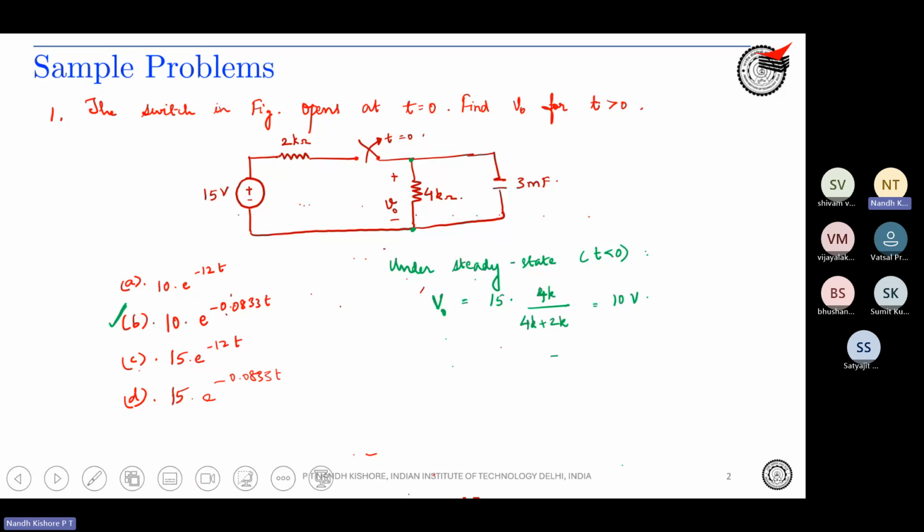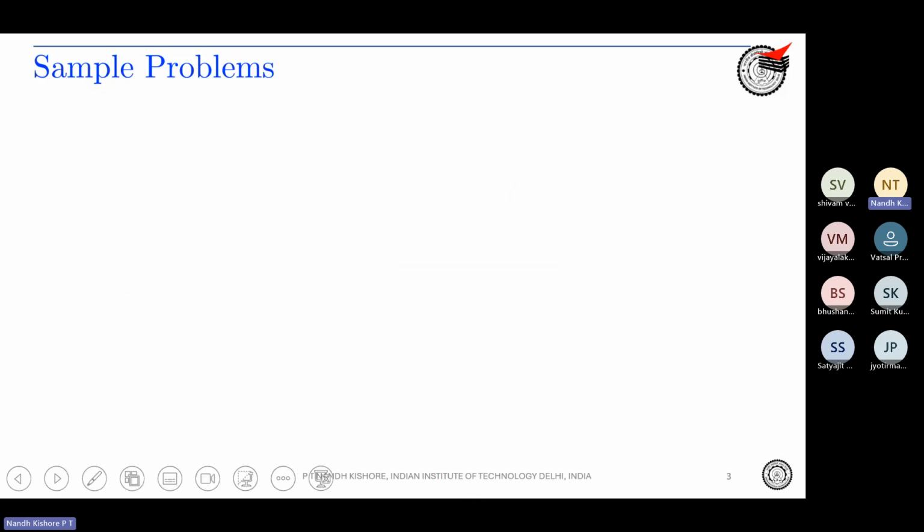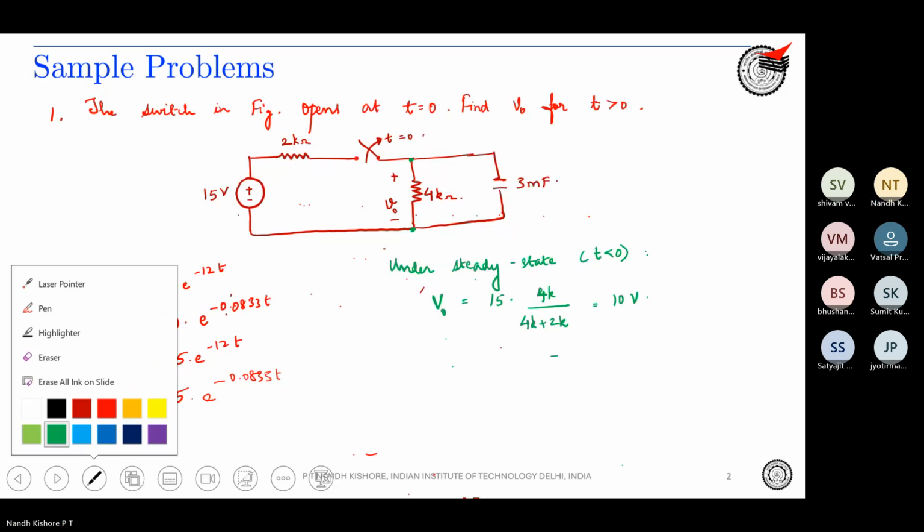So obviously C and D are eliminated. You understand that under steady state, the capacitor acts as an open circuit, correct?